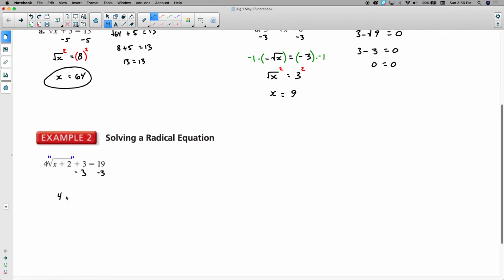All right, so now we've got 4 times the square root of x plus 2 is 16. Let's get rid of that multiplier of 4. And we've got the square root of x plus 2 is 4.